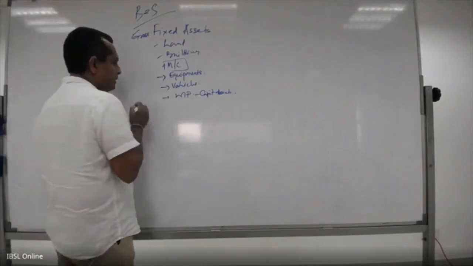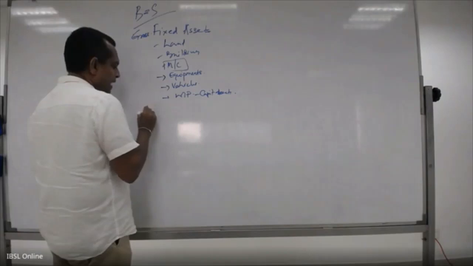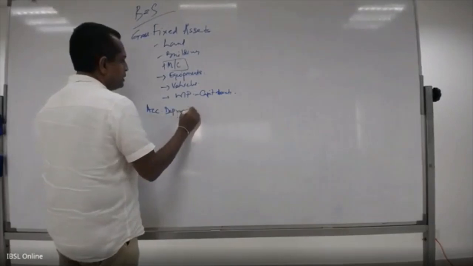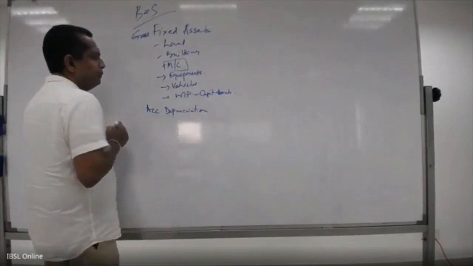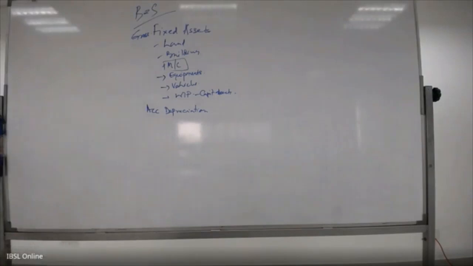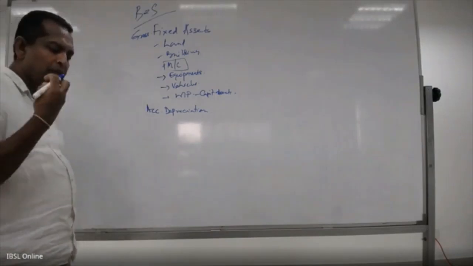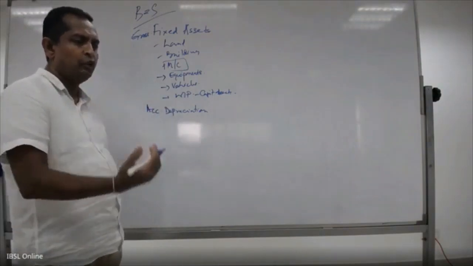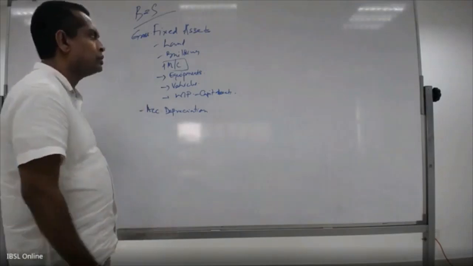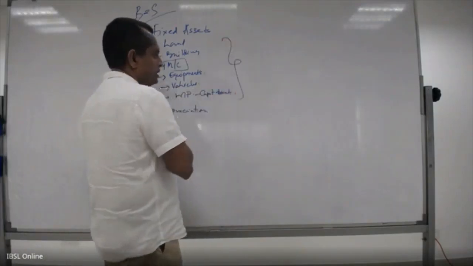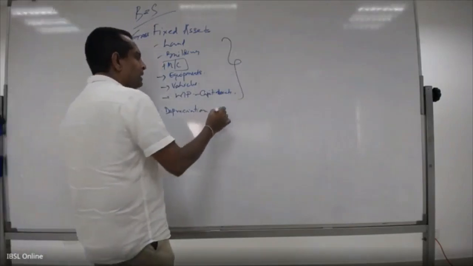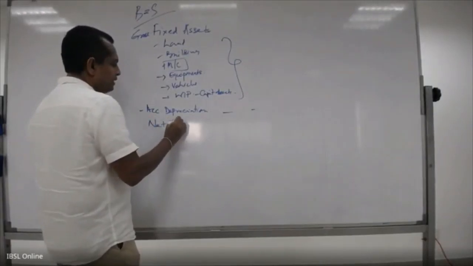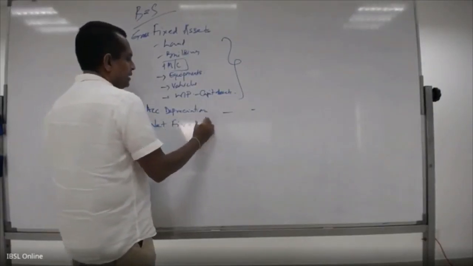Then we have accumulated depreciation. Every year we allocate a depreciation provision in our P&L. Year on year we accumulate that. That is called accumulated depreciation. This is a cost. We reduce the accumulated depreciation, then we get net fixed assets.